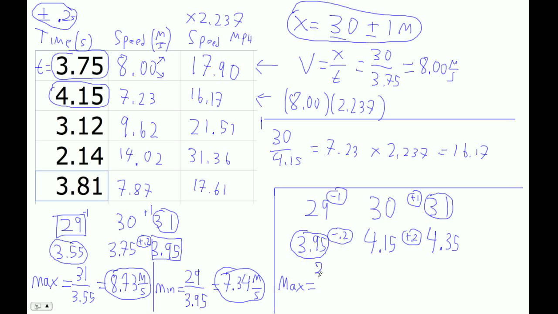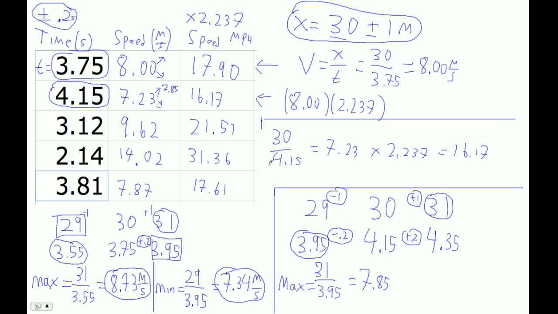So 31 divided by 3.95. That's 7.85. I'm sort of rounding there. So we thought it was 7.23, but the biggest it could be is 7.85.